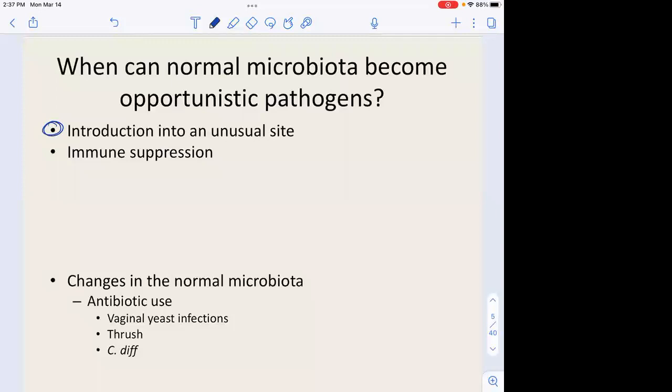Say somebody has an appendix that bursts. Now suddenly all those bacteria that were stored in that appendix have been released into your body cavity, and that can be a potentially life-threatening situation. Maybe the host is immune suppressed.